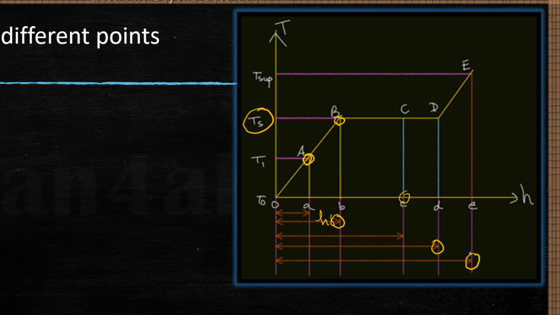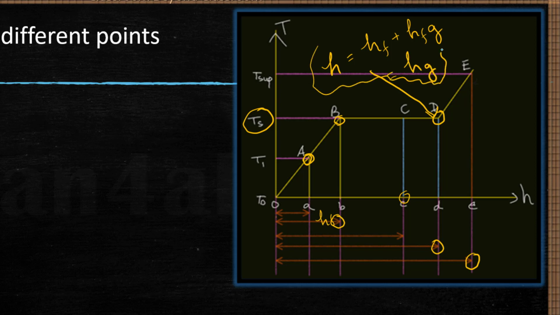And one thing you remember, at point D, what is the total heat in this case? It is HF plus HFG. This is also called Hg. Total heat of dry steam is represented by Hg, which is equal to HF plus HFG.